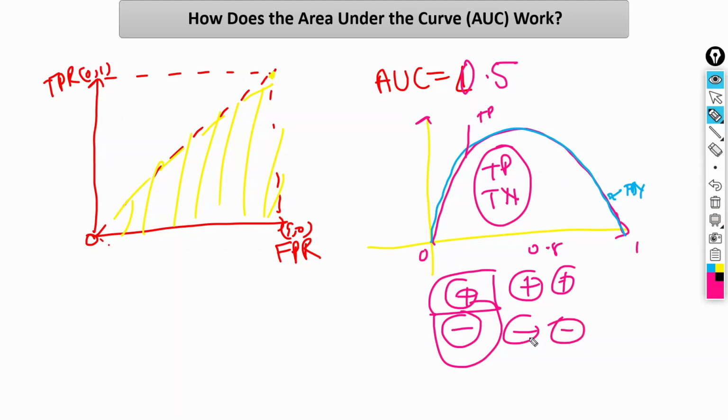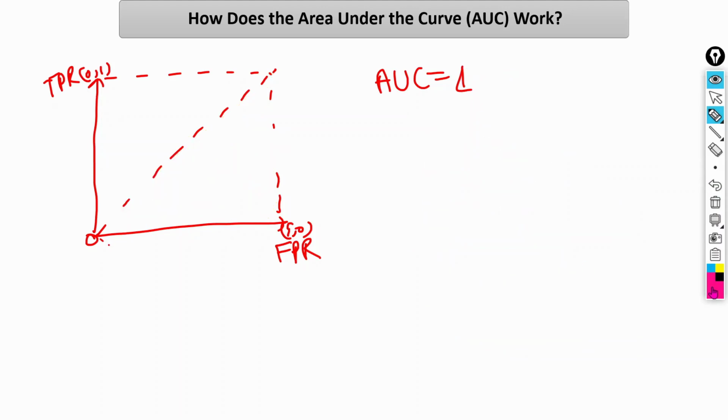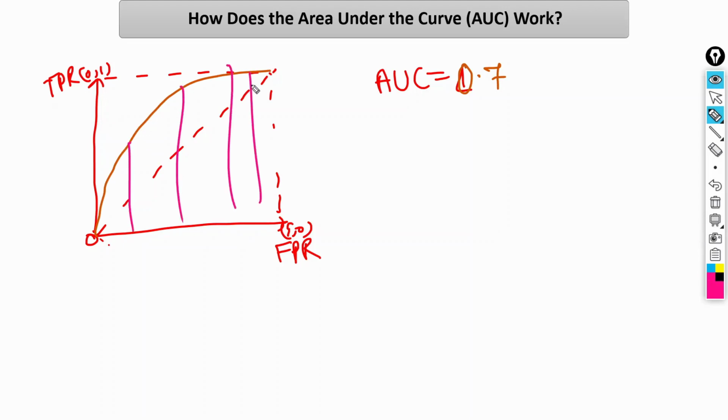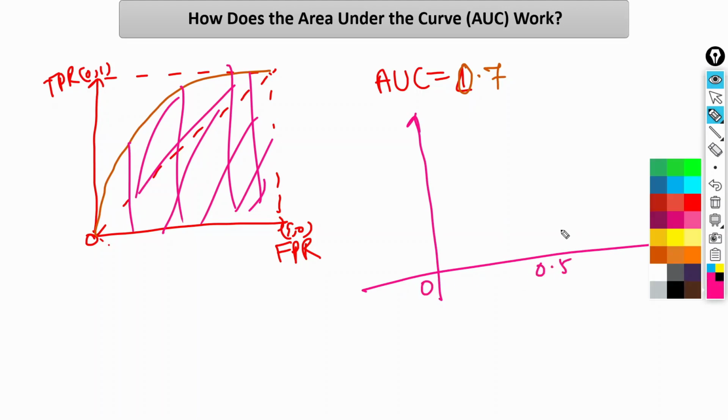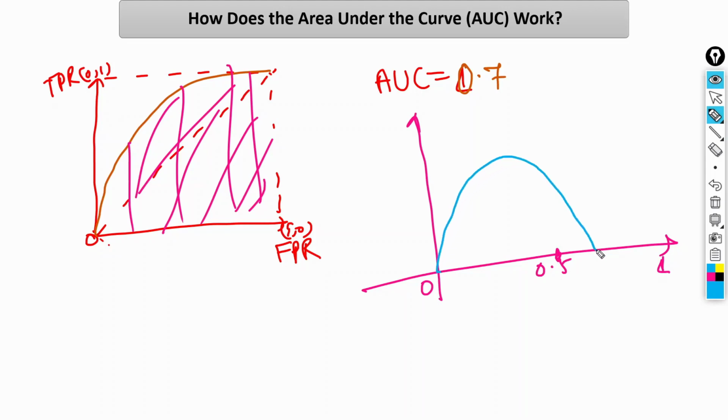If your AUC is equal to, we can say, 0.7, in that case your area would be like this particular region, right? In that case your distribution of the positive and negative classes would be like this: 0, 0.5, 1, we can say. So this would be like this, and positive would be like this. It means there is some overlapping.